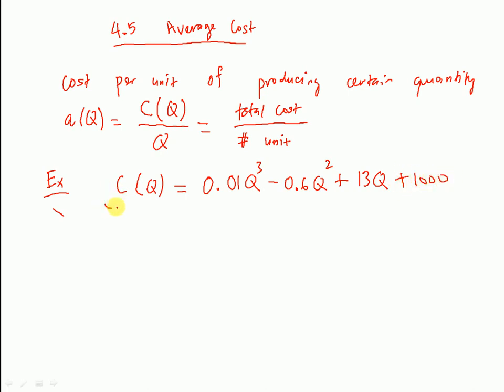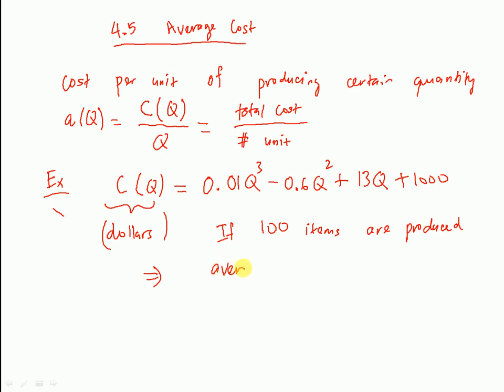Now this total cost, the units would be in dollars. Now the question, if we know that 100 items are produced, what is the value for the average cost? So the average cost equals how much per item.